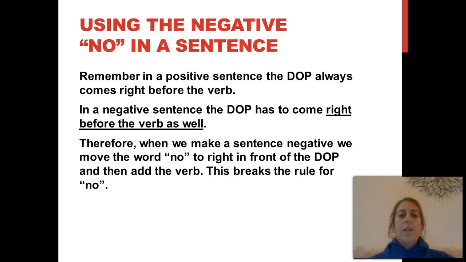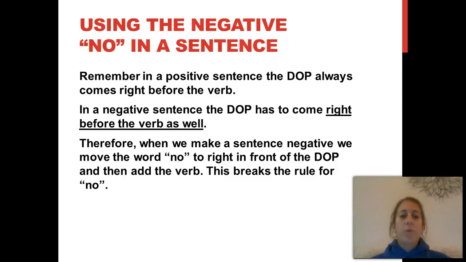All right. Now when we're using the negative no in a sentence, so if we want to say we don't see them or we don't find it, then our word order changes just a little bit. We're breaking some rules, okay?